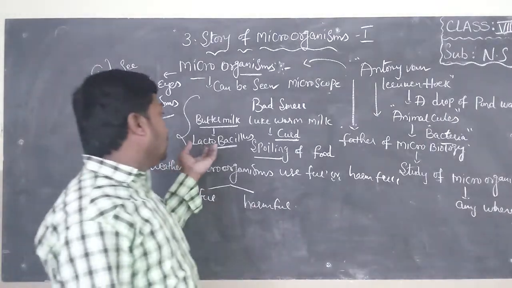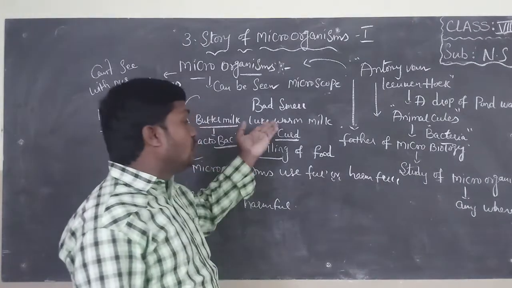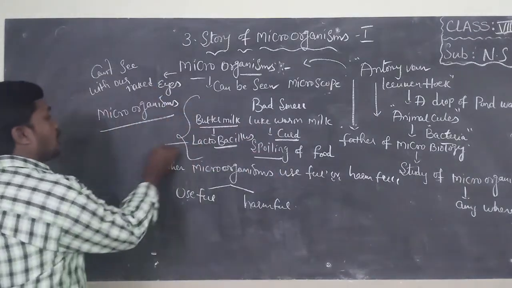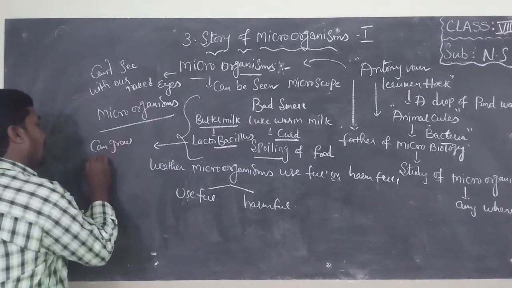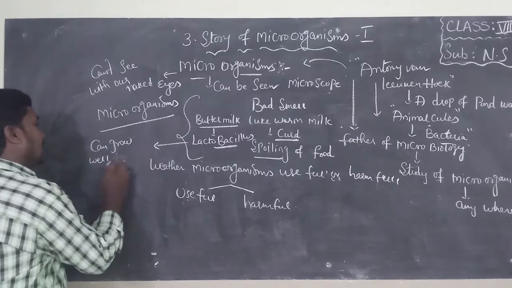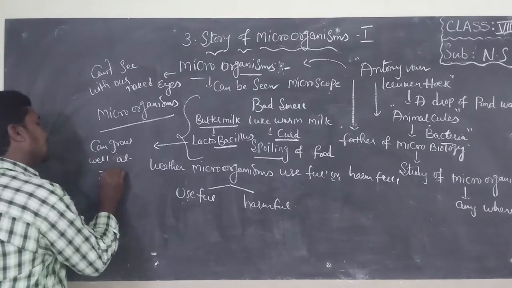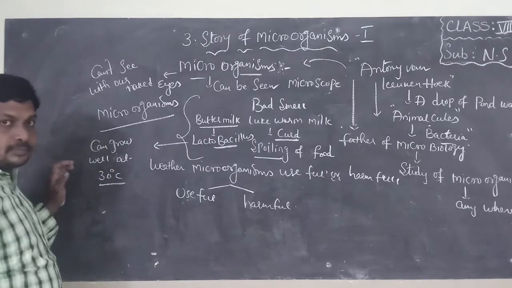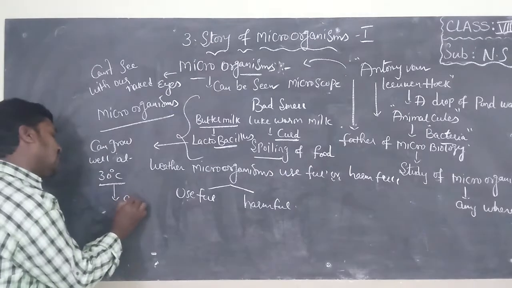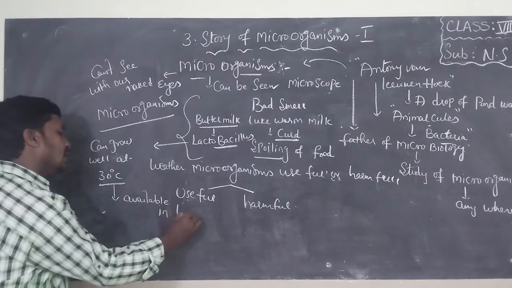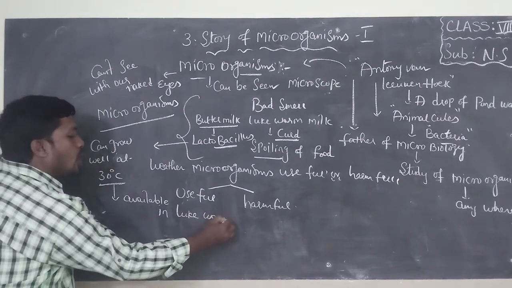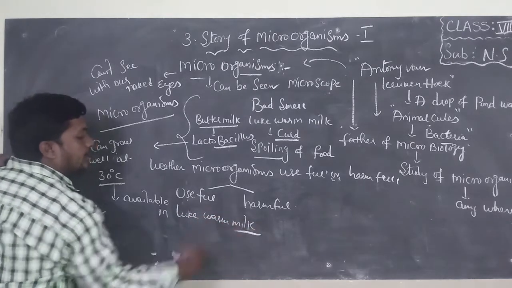Why are we adding buttermilk to lukewarm milk only? This lactobacillus bacteria can grow well at 30 degrees centigrade temperature. This 30 degrees centigrade temperature is available in lukewarm milk only.